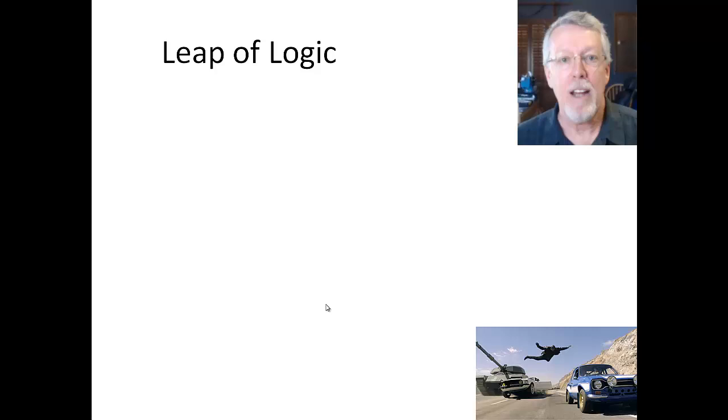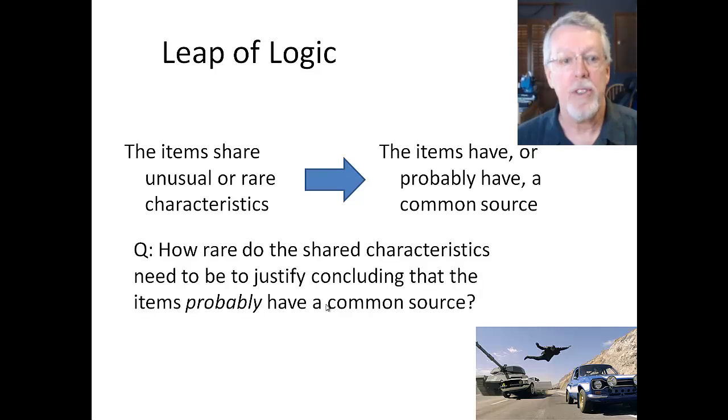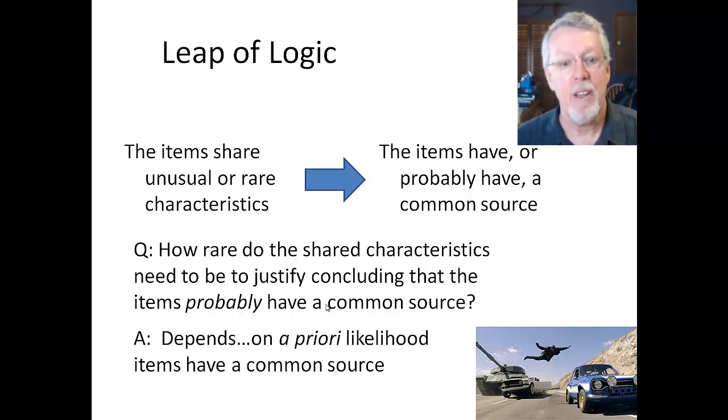So we've talked about the logic of identification. How about the logic of saying that the items probably have the same source? How rare do the shared characteristics need to be to justify the conclusion that two items probably come from the same source? Well, the answer to this question is it depends.